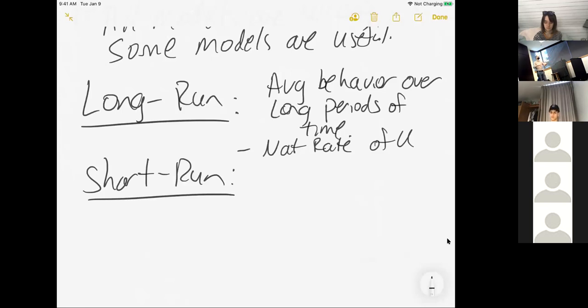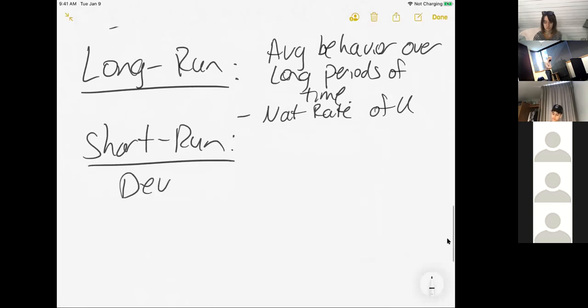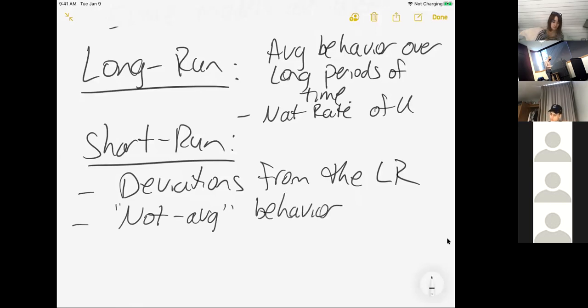The short run, though, is basically when we're not average. The short run is really deviations from the long run. When we have not average behavior, I don't know how you say not average.